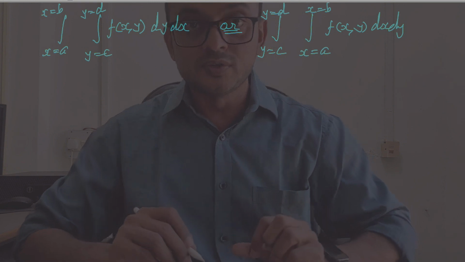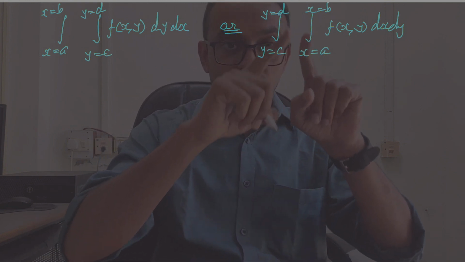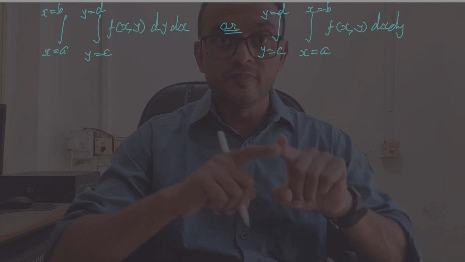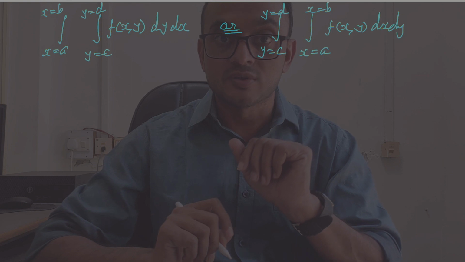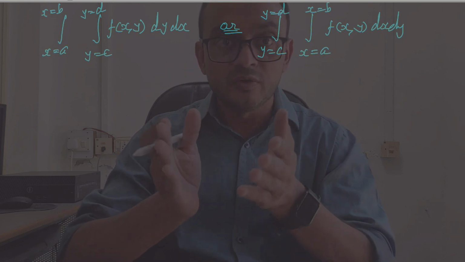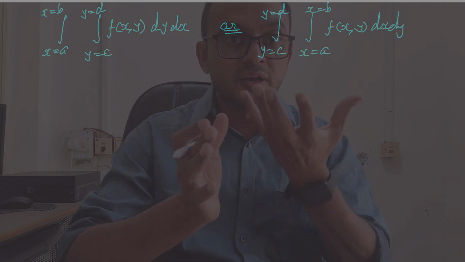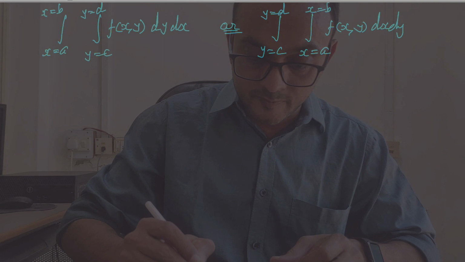So if you observed both the integrals, the limits of x from a to b, the limit of y from c to d, both the limits are constant. What does it mean? Whatever the surface we have given z equal to f of x y, our region is only the rectangular, right?